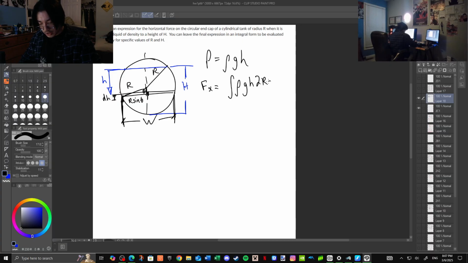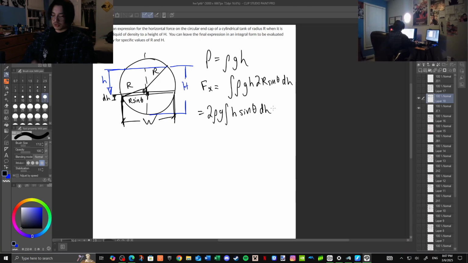So 2 r sine theta for the width, times dh for the height. And we can pull out a few constants from this. The 2, rho, and g are all constants in this equation. But little h is changing, sine theta, the angle, is changing, and dh is also changing.